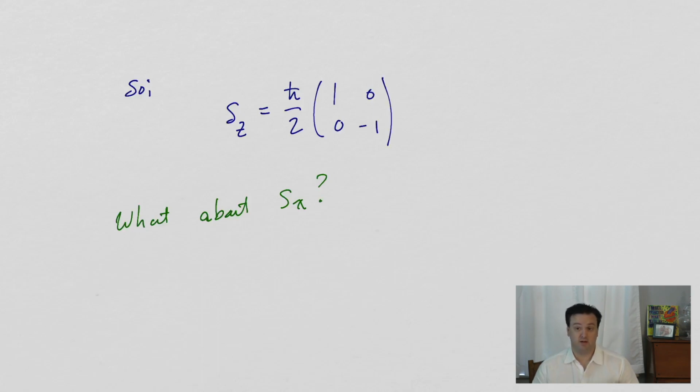We've been talking about one sort of fundamental basis, and I don't know why I call it fundamental, because it was absolutely arbitrary to choose the z direction as our definition of plus and minus. But what if I wanted to write down the components of the SX operator in the SZ basis?